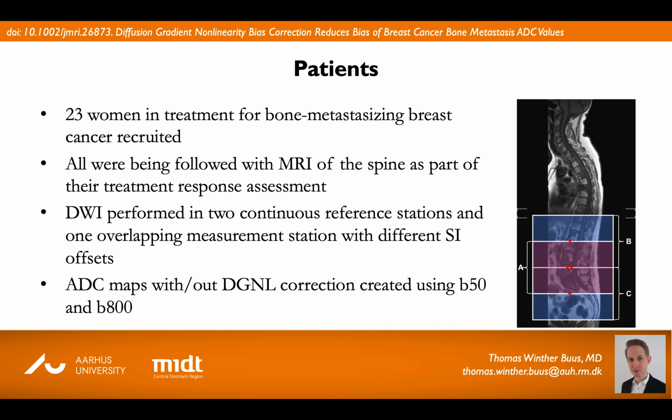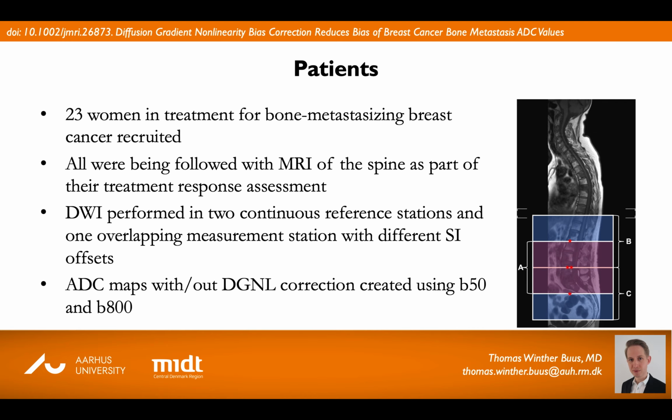To test if the diffusion gradient nonlinearity correction could also be applied to real patients, we recruited 23 women who were receiving treatment for bone metastasizing breast cancer. They were all being followed with MRI of the spine as part of their treatment response assessment.